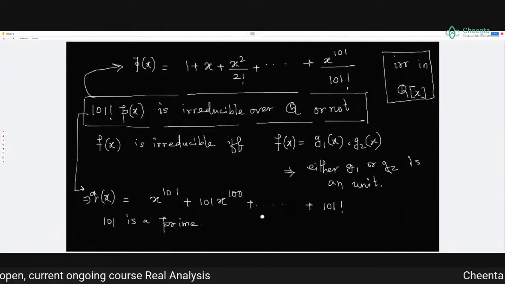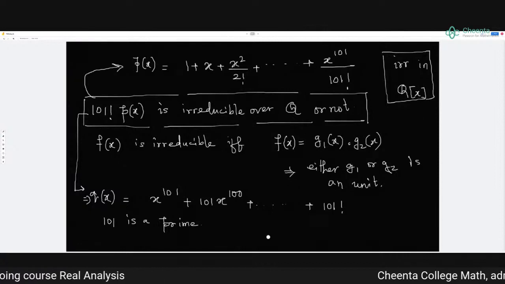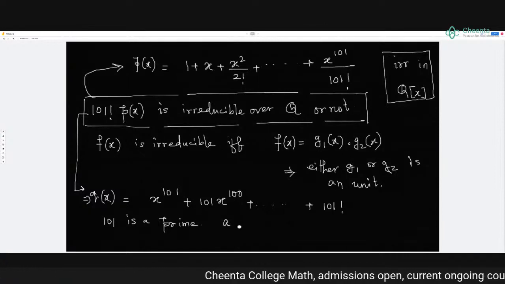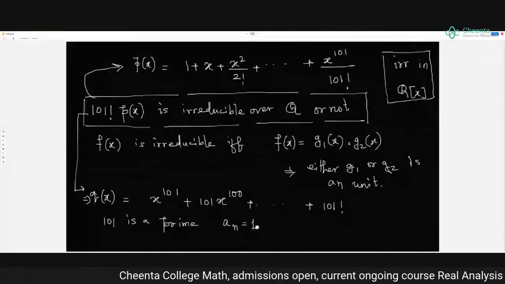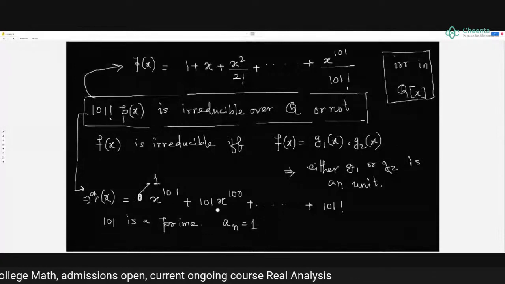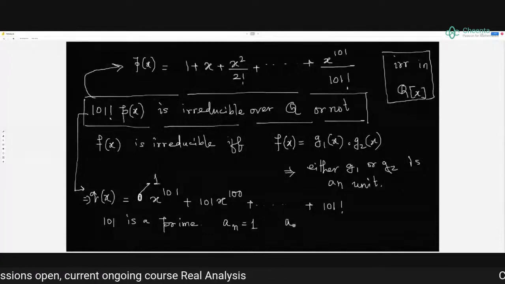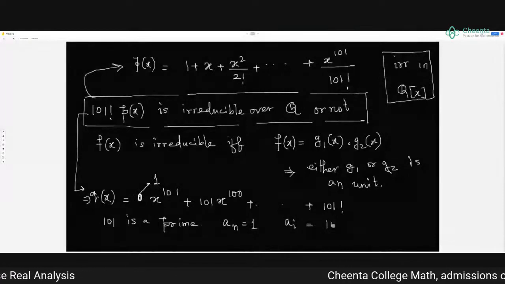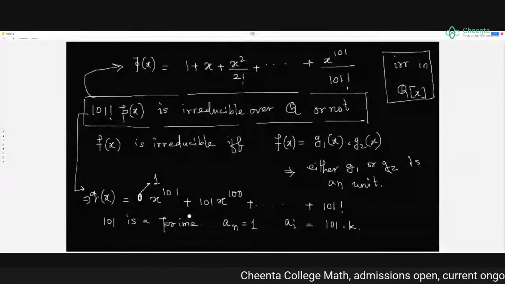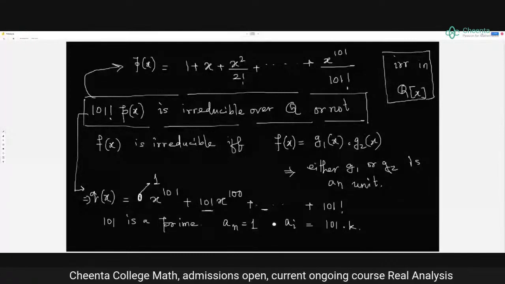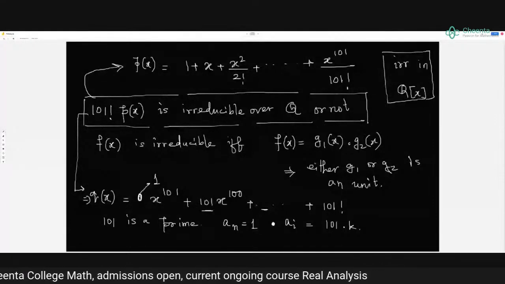So what are my a_0 to a_i's? The leading coefficient is 1. Apart from that, whatever a_i you take, it is 101 into some integer. The next one will be 101 into 1 into 100, and it goes on like that.